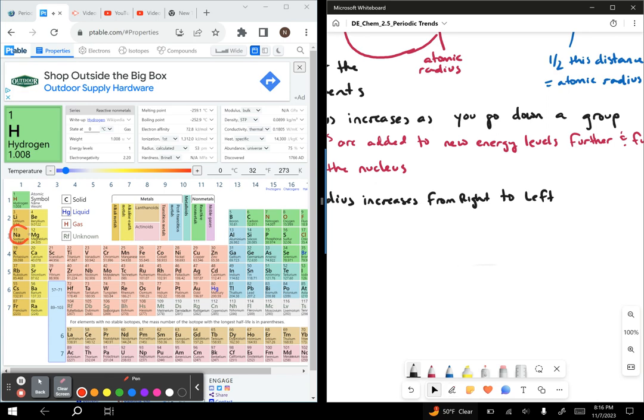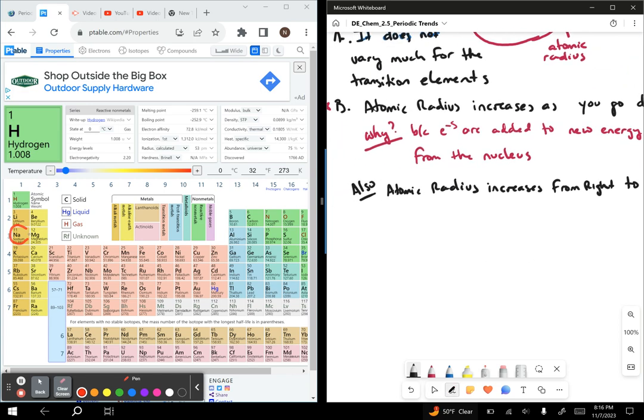And the explanation they gave was, consider sodium, for example. Sodium has 11 positive charges: 1, 2, 3, 4, 5, 6, 7, 8, 9, 10, 11. And it has 3 energy shells: 1, 2, and 3.